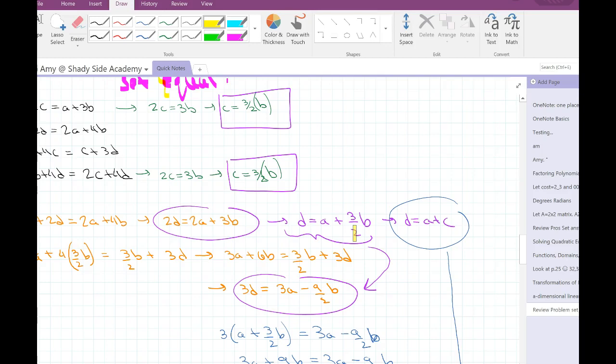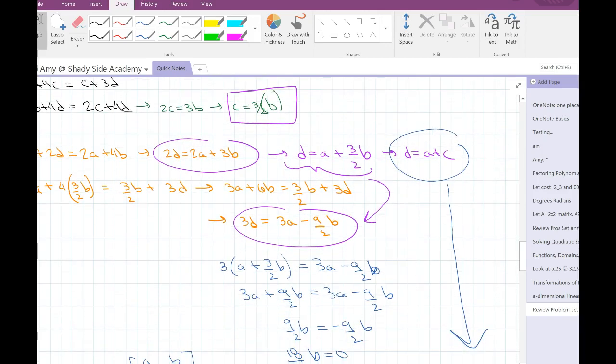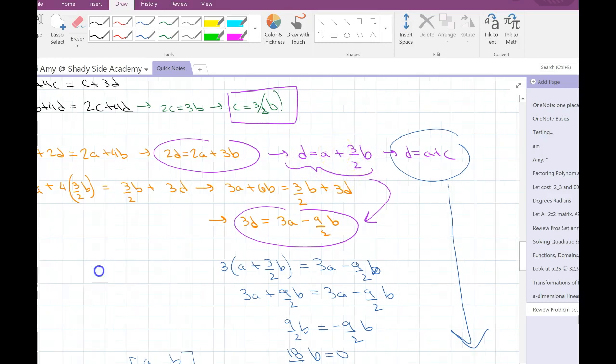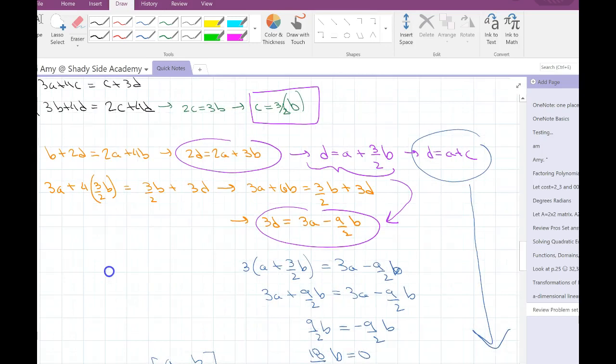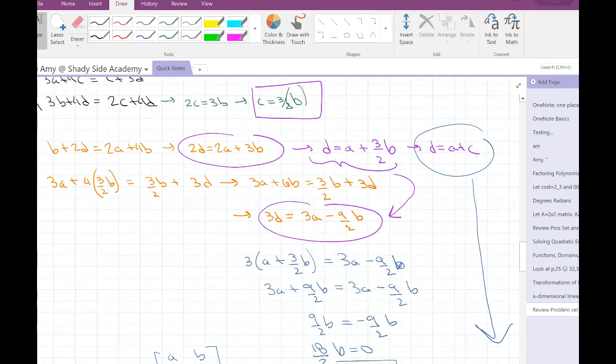So D equals A plus 3 halves B. This is me putting equation 2 into equation 3 by substitution. And I get 3 times A plus 3 halves B equals 3A minus 9 halves B. Yeah?